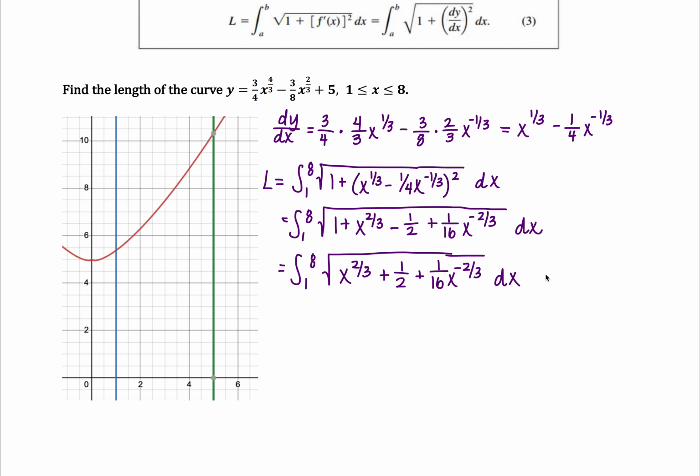And now we're going to go right back and factor this. X to the 2/3 plus 1/2 plus 1/16 x to the negative 2/3 is going to be x to the 1/3 plus 1/4 x to the negative 1/3 quantity squared.